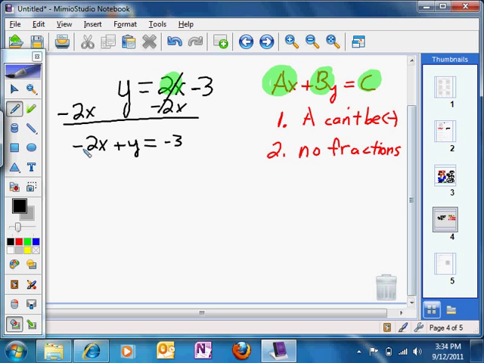I'm almost done, but the number in front of the x can't be negative. It's negative here, so I multiply the entire equation by -1. I distribute that -1, and basically it just changes all the signs. And that is how you write that equation parallel to the original equation going through the point (4, 5) in standard form.